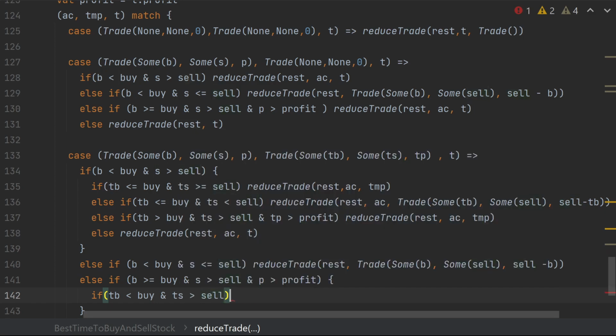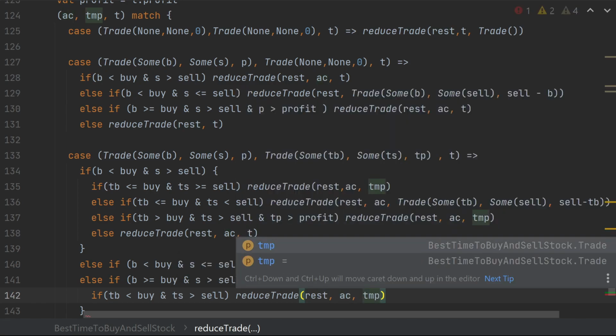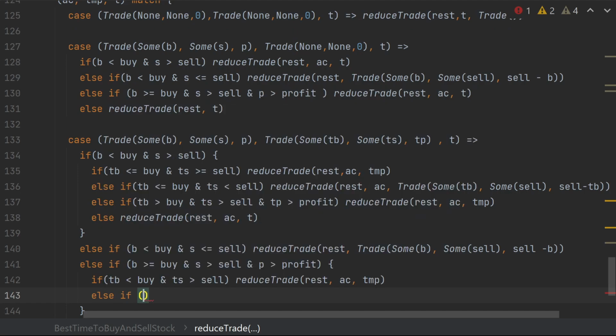So it means that we have a value where it is going perfectly fine with the new incoming trade. Already temp is making better, so let's keep it as is. So it's going to be rest comma AC comma temp. There is no change.